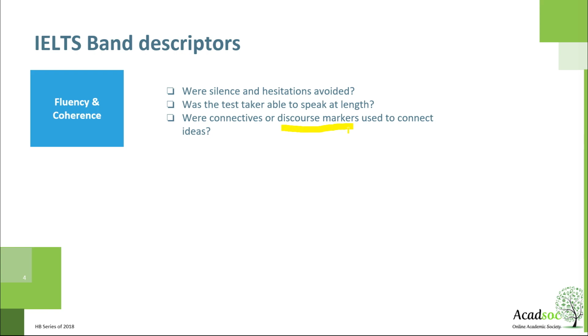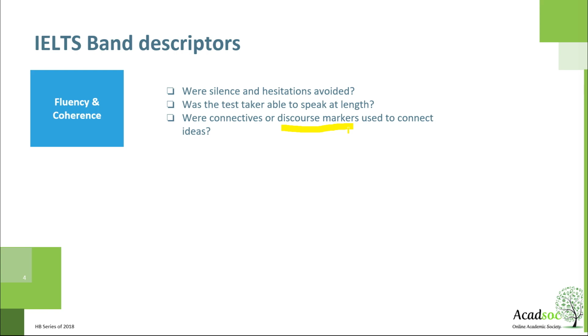Here, when we say discourse markers, others call them linking words or cohesive devices. They are used to order and sequence what we say, to start and end conversations, or to change or manage a topic. In this way, we help our listeners to follow what we are saying more clearly.